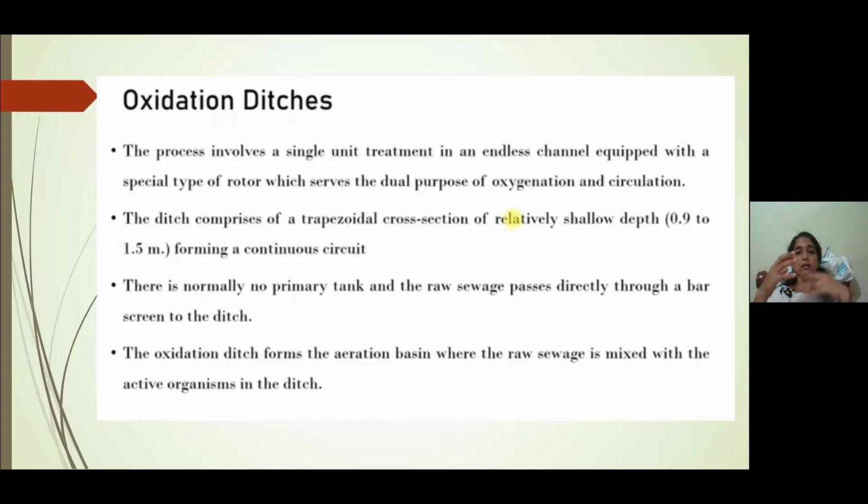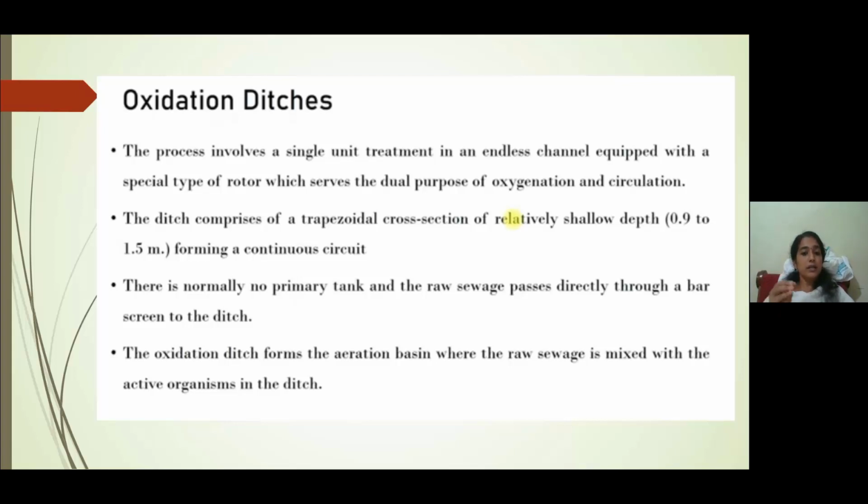These rotors rotate and provide the function of reoxygenation, that is, the air circulation or aeration, and they also provide the circulation. The ditch comprises a trapezoidal cross section of relatively shallow depth, 0.9 meter to 1.5 meter, in order to enhance the aeration, and it is a continuous circuit.